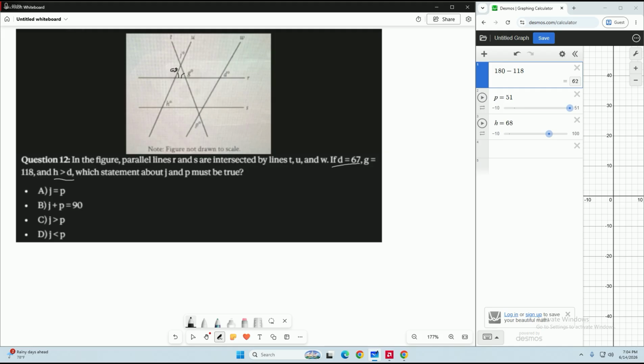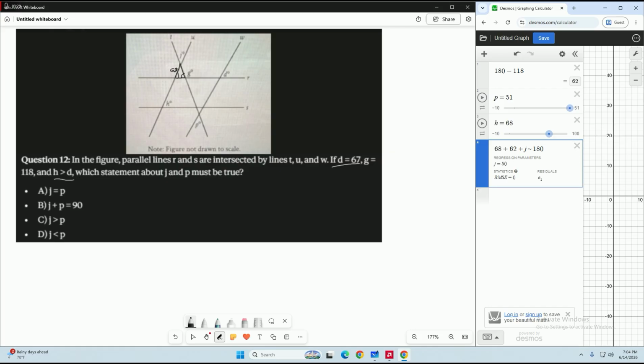The top angle of this triangle is also J because they're vertically opposite angles. So in the triangle, I have this angle, which is 68, this angle, which is 62, and this angle, which is J. So 68 plus 62 plus J is equal to 180, and I get J is 50.